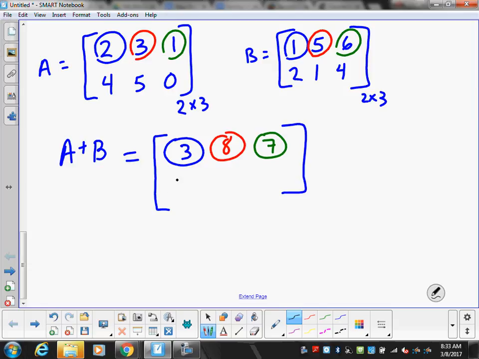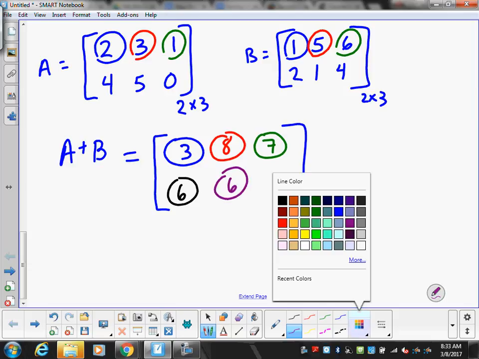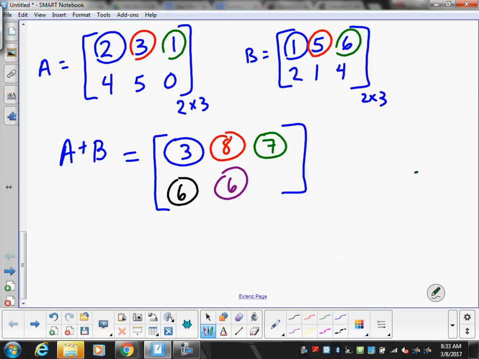Okay? What's going to go in that space there? 4 plus 2 is 6. Okay? This place here is also going to be 6. And this spot there is going to be a 4. Okay?